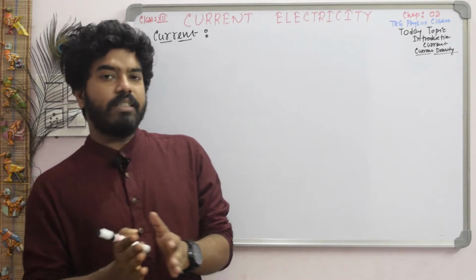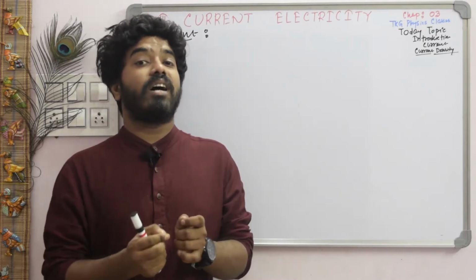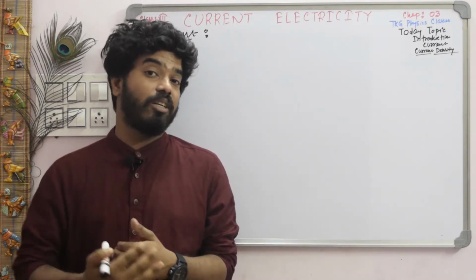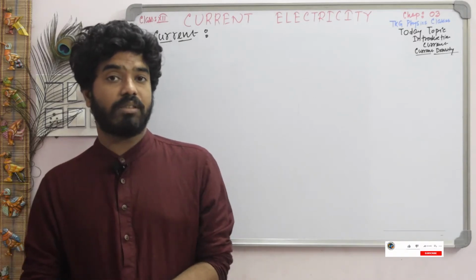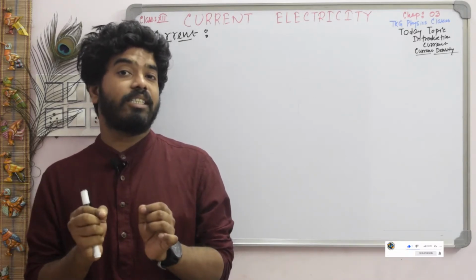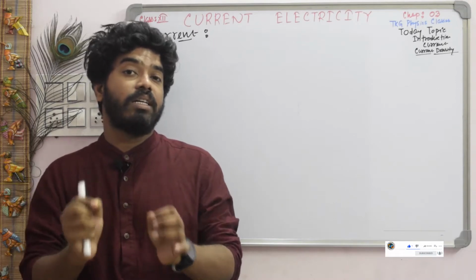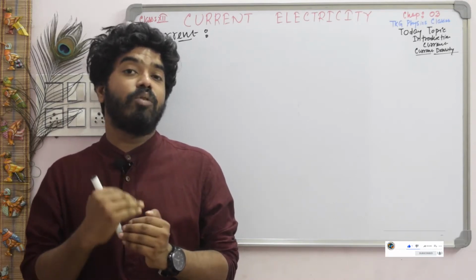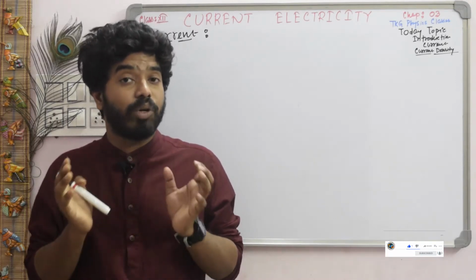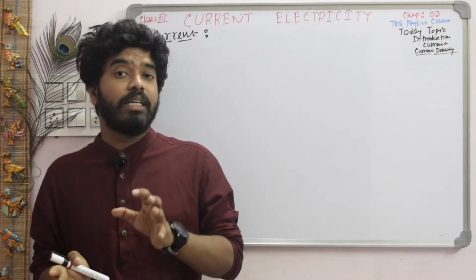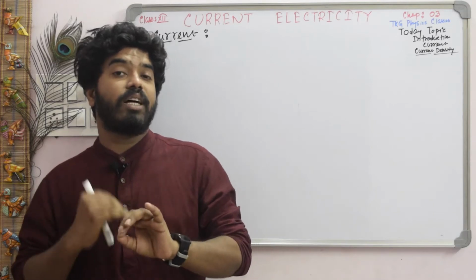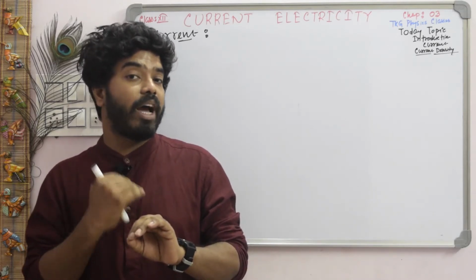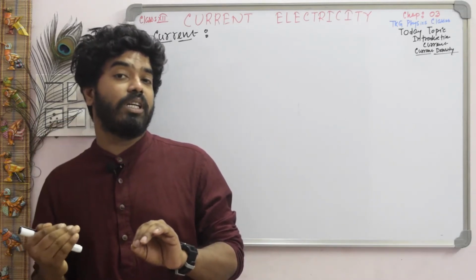The basic thing is that if two points are at different potentials, that means there is a potential difference between 2 points, and these 2 points are connected by a connecting wire, then there starts a flow of electric charge. Charge can flow from higher potential to lower potential.